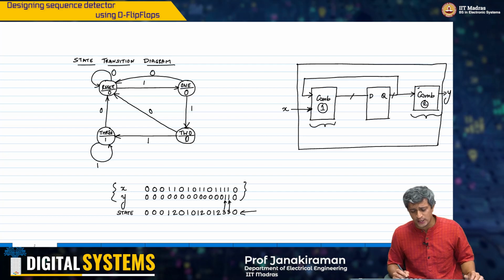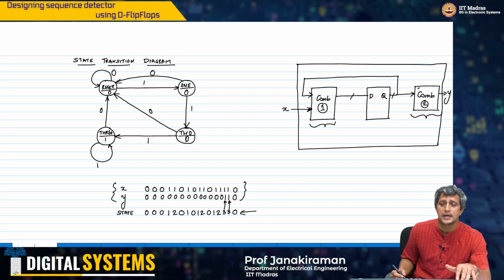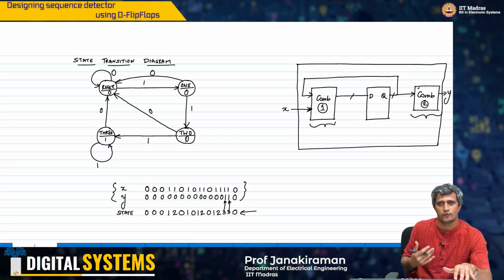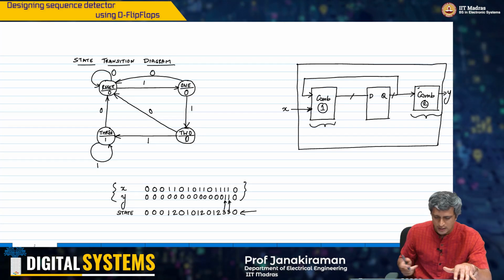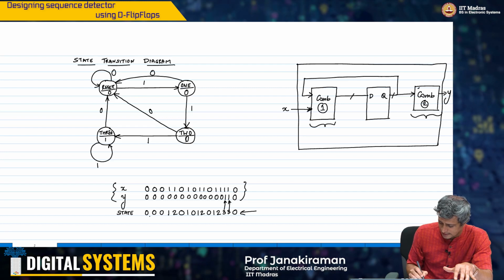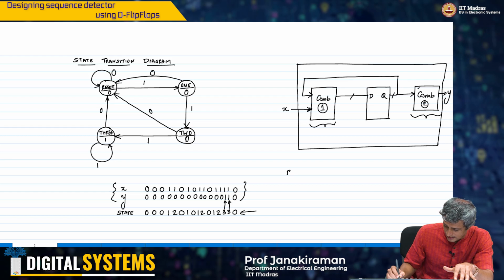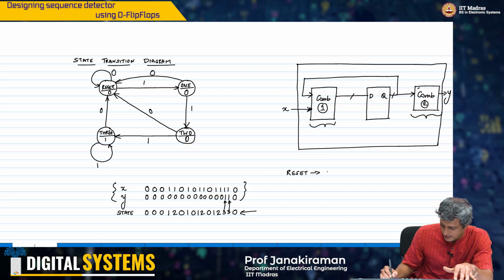So now let's proceed to figure out how we can implement this using D-flip-flops, JK flip-flops and so on, right. So what I'm going to do is, like I said, I assign states. The reset is state 0, in binary 0, 0.